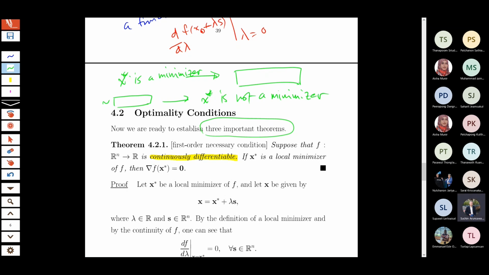Yeah, and this is why the condition in the box is called a necessary condition.